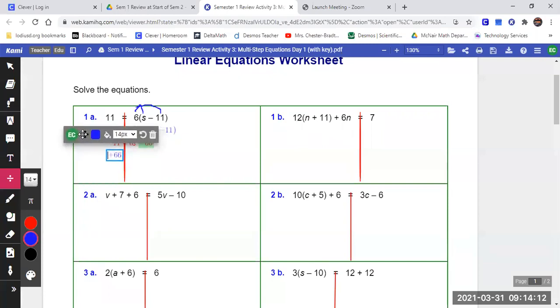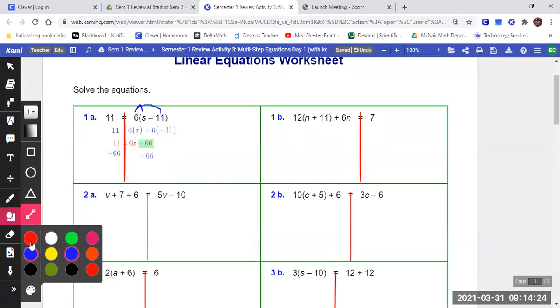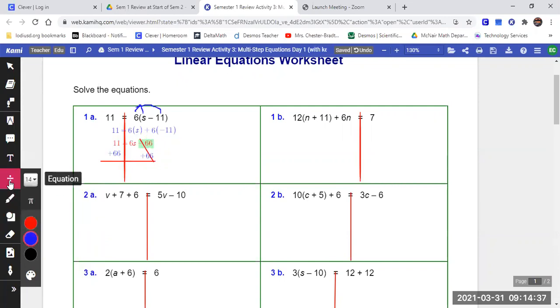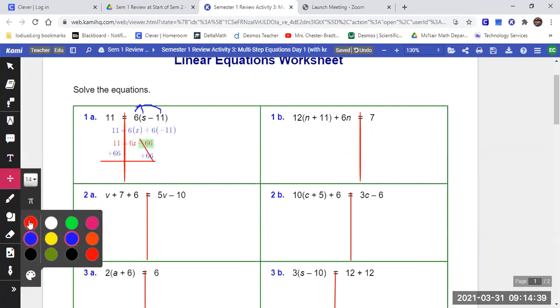And I'm going to add 66 to the right side so that it zeroes out, big zeros, that negative 66. That is now 0. We do not care about it. It's gone, because when we add 0 to stuff, it doesn't change anything, right? That's the whole idea of the big 0, that adding 0 changes nothing.